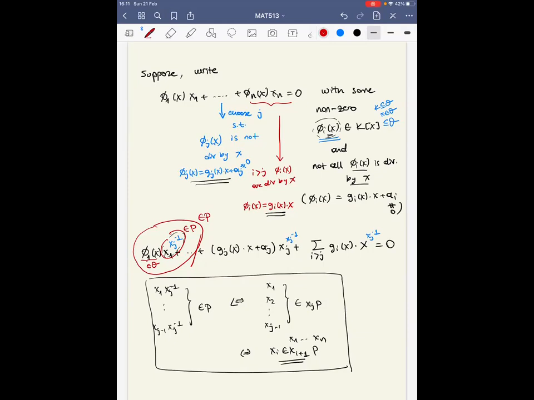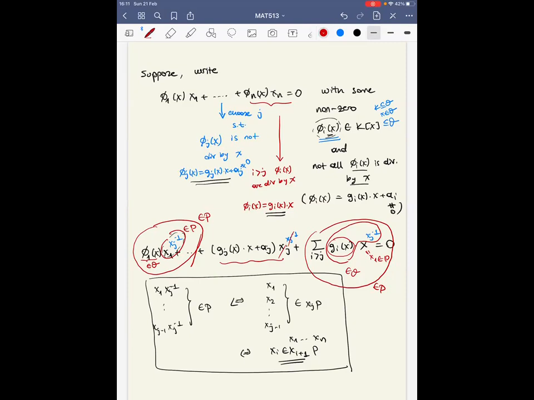On the other hand, this polynomial is also an element of the evaluation ring, and this multiplication is also in the evaluation ring. And since x is in P, this summation is also an element in P. And for the j term, we have this cancellation.